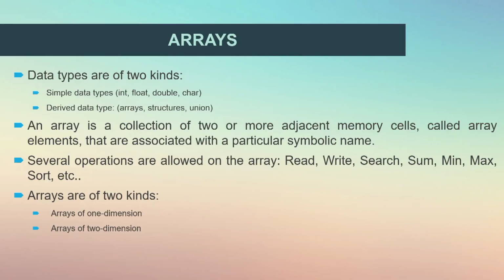There are several operations that are allowed on arrays like read, write, search, finding the sum of elements, finding the minimum and the maximum value of the elements, and sorting the array. So, these are all various operations associated with array elements, and arrays are basically of two types. We can classify them as one dimensional arrays and multi-dimensional arrays.